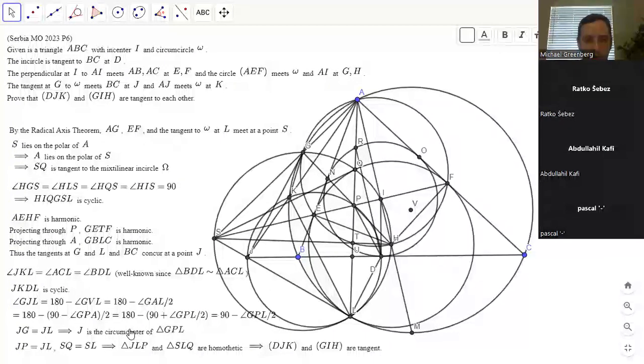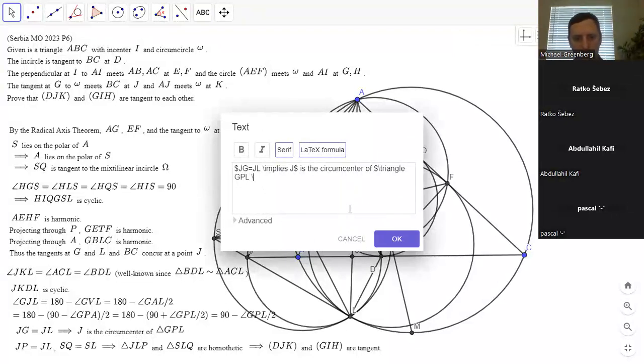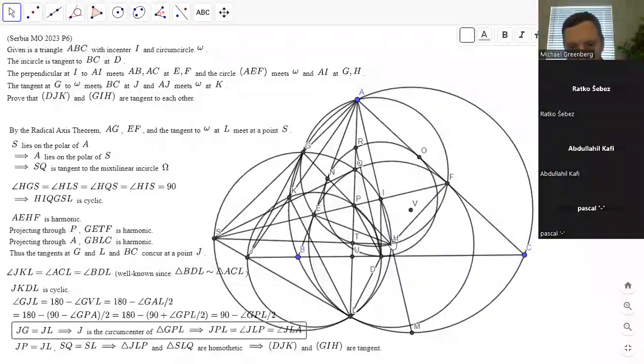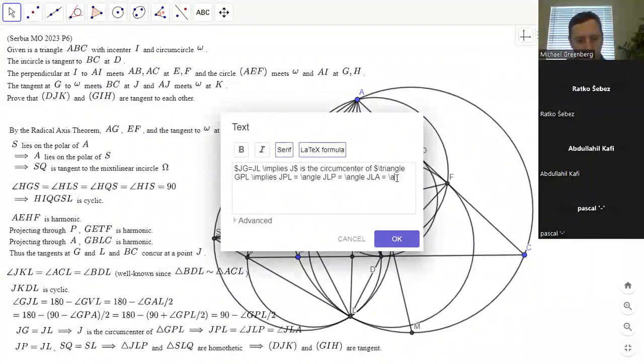So this implies angle JPL equals angle JLP, which we showed, but we already showed that's angle JLA, which is ACL, which is JKL, and that means that P lies on JDKL.